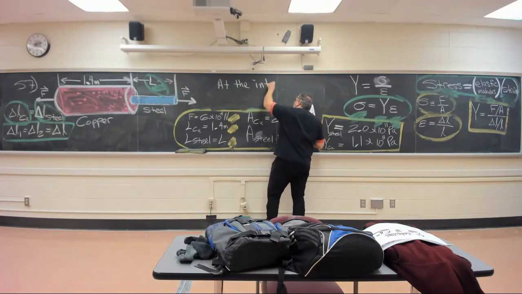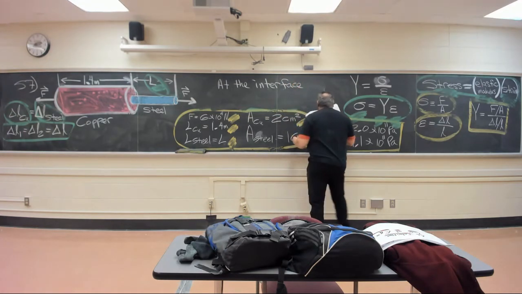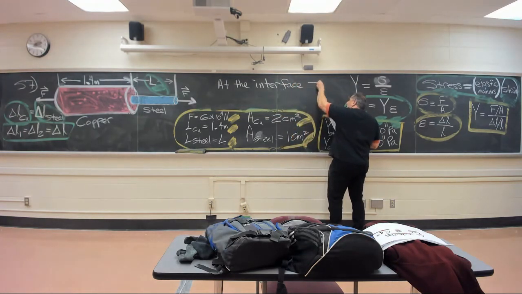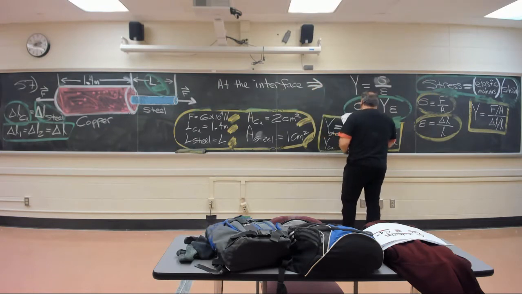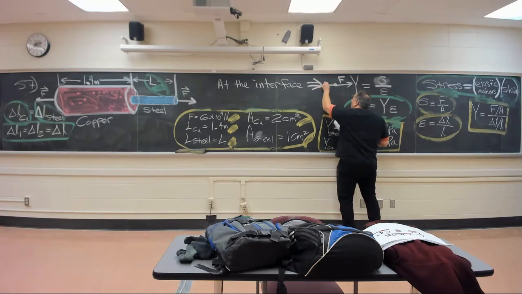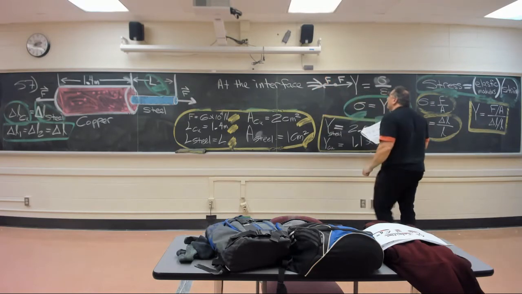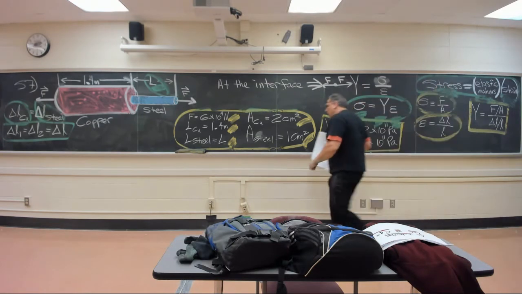At the interface, so at the interface, guys, that implies F vector here, F there. And that's at the interface. Okay?